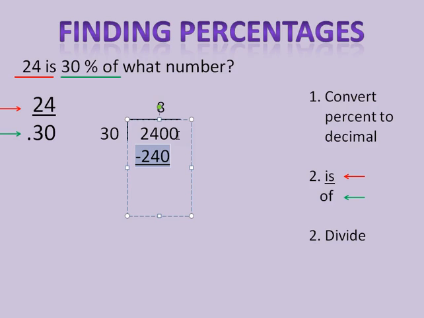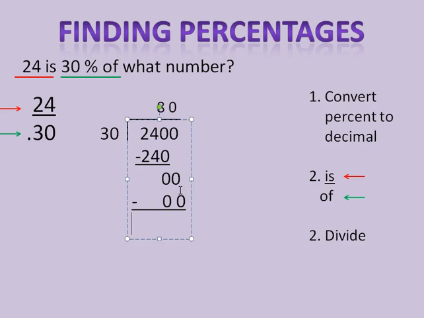Okay, and I'm going to subtract them, and I'm going to get 0. 240 minus 240 equals 0. Then I'm going to bring down this 0 right here. 30 goes into 0 0 times. 0 times 30 is 0.